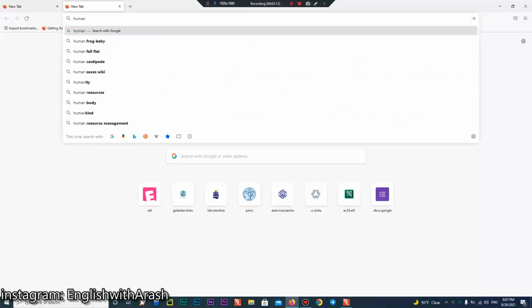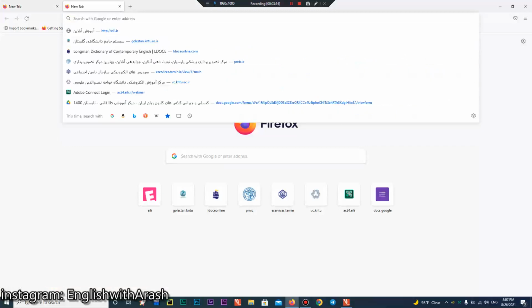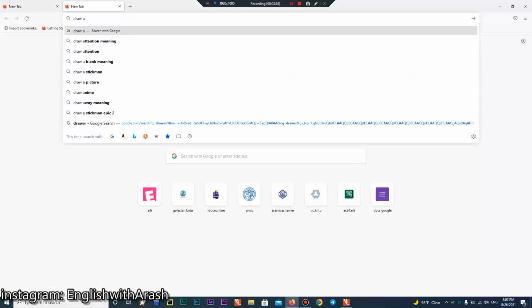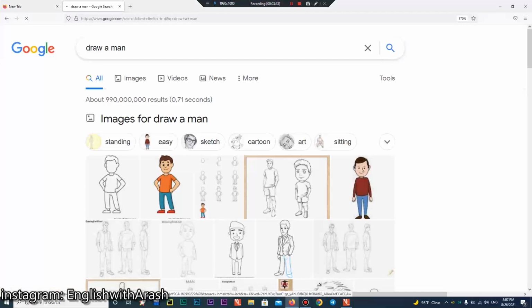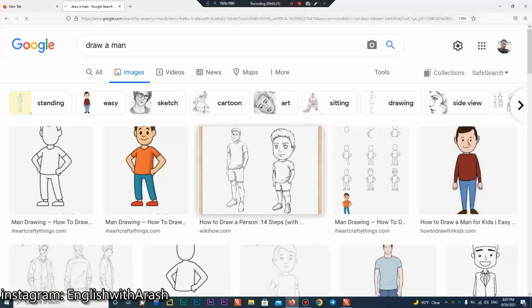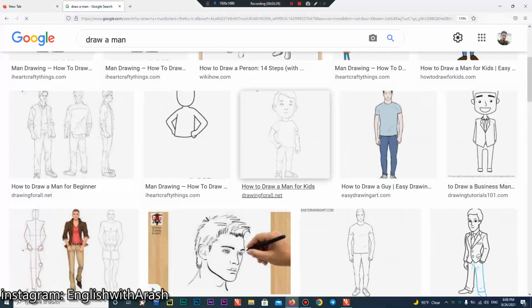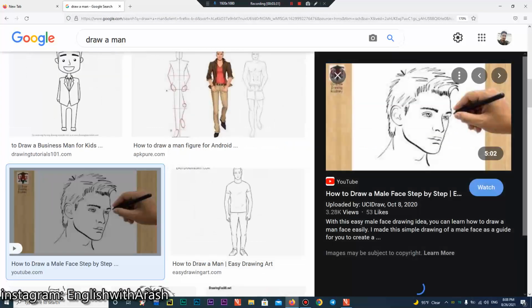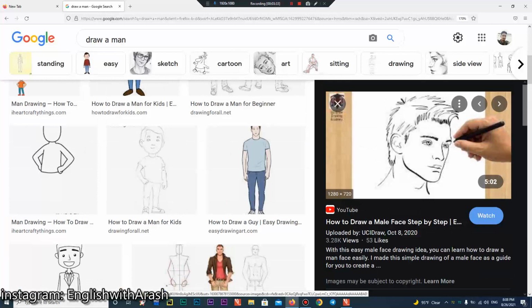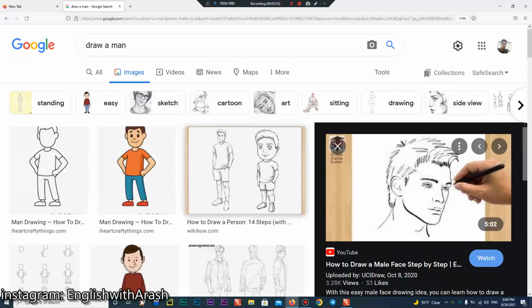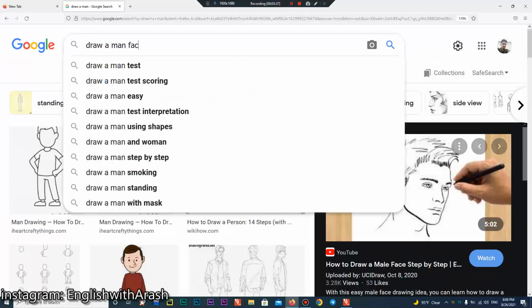I can get a better picture. Draw a man. This is better. Let me say draw face.